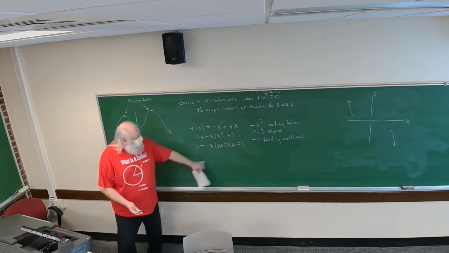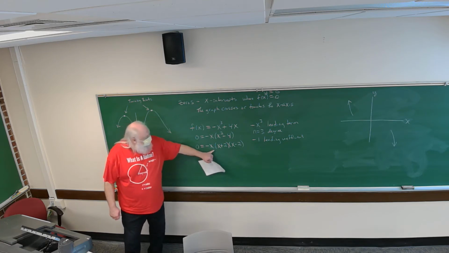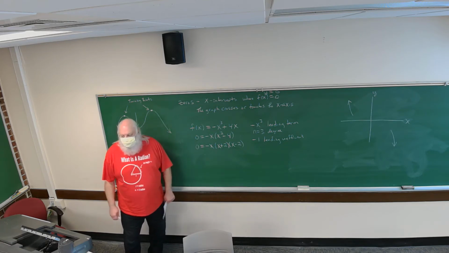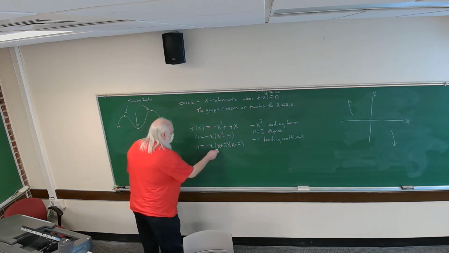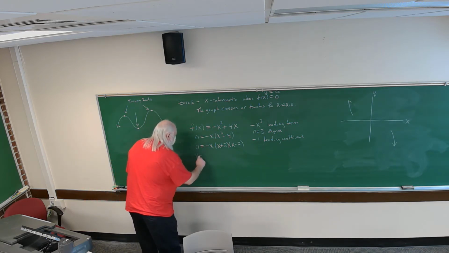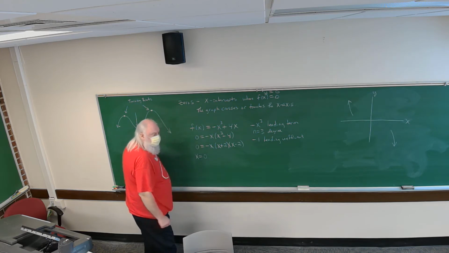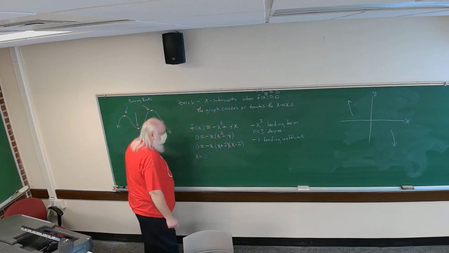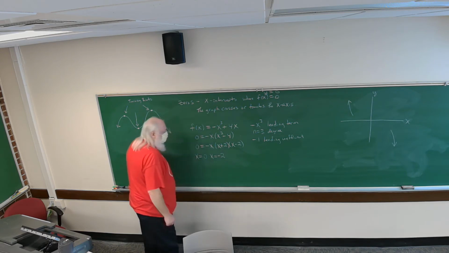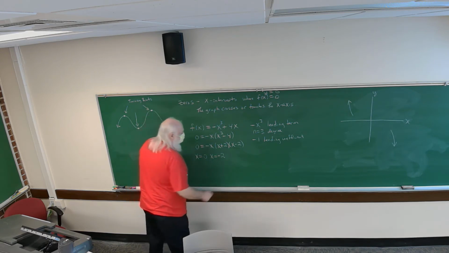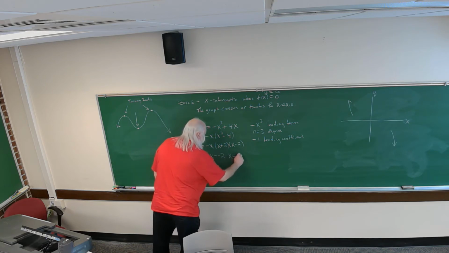So to get the x-intercepts, or the zeros, I set each of those factors equal to 0 and solve for x. When I set minus x equal to 0, I get x equals 0. When I set x plus 2 equal to 0, I get x equals negative 2. And when I set x minus 2 equal to 0, I get x equals 2.